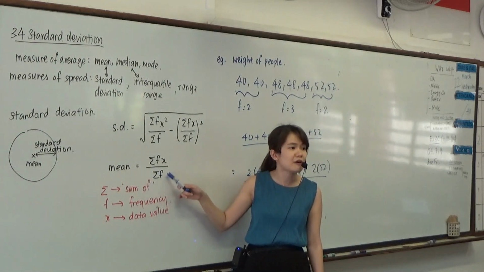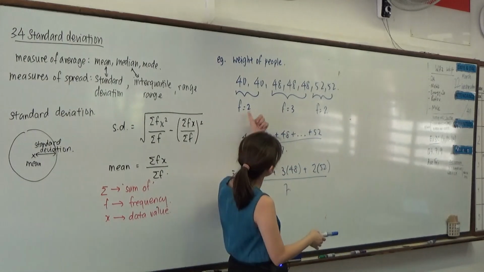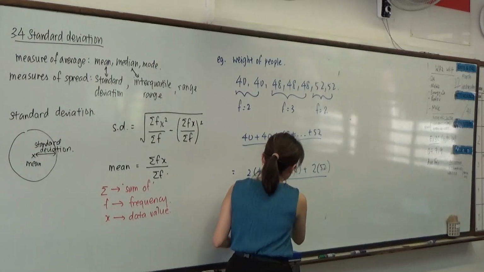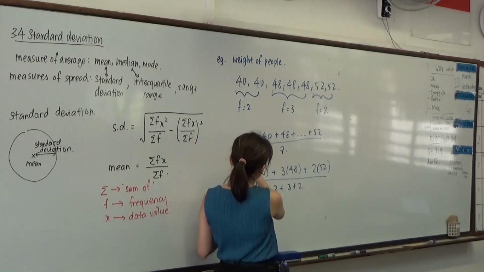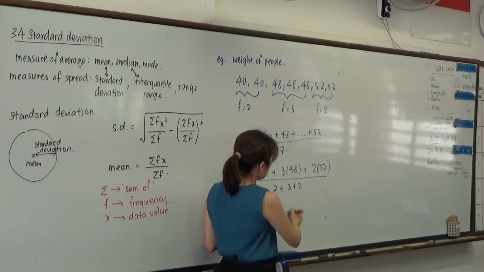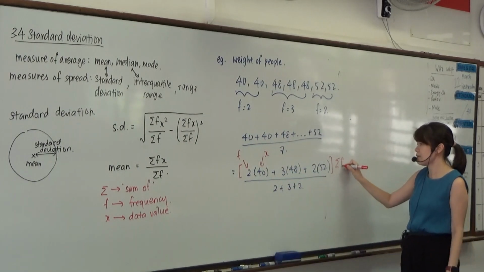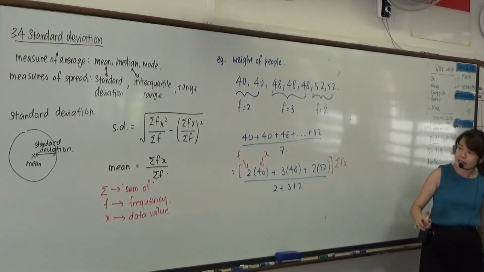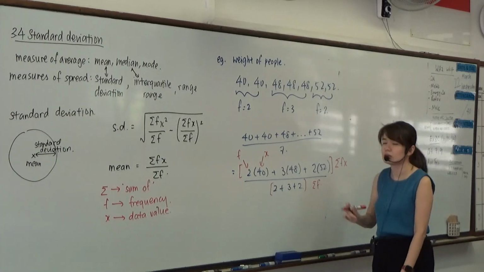This represents sum of frequency, and that is actually 7 in this case, because I take 2 plus 3 plus 2. Right, so this is frequency, this is data value. And then in total, this is what we see as sum of frequency times x. And over here is sum of frequency.